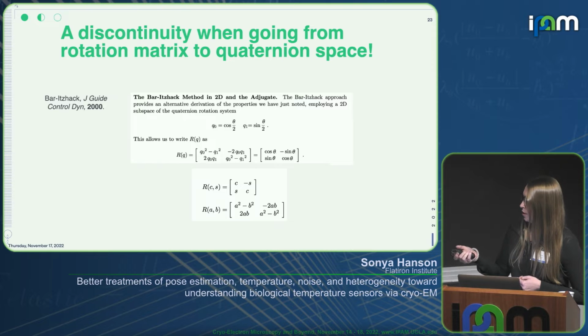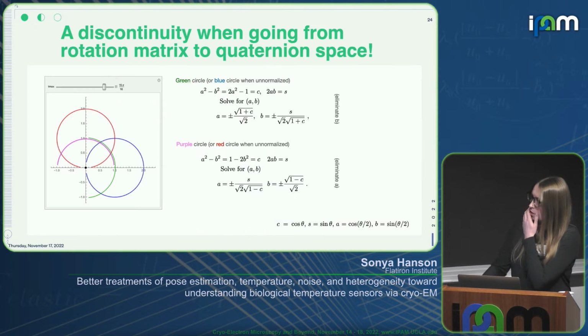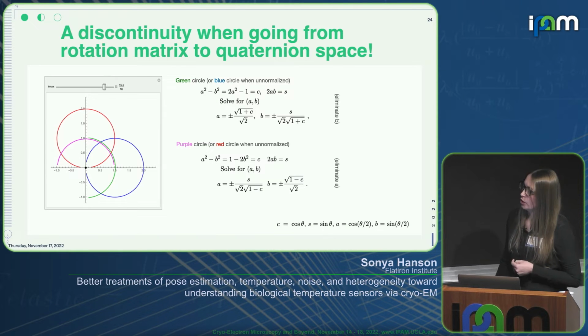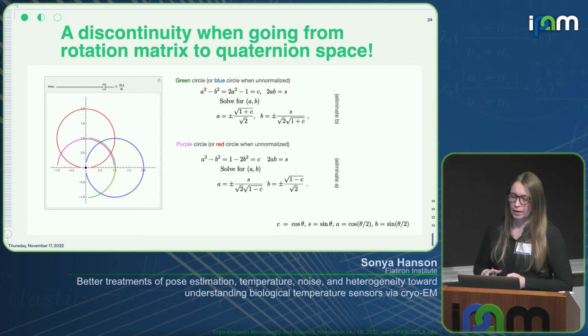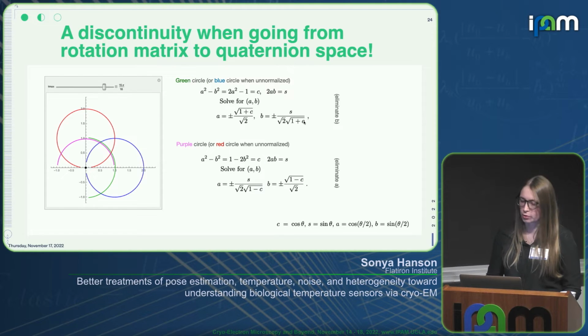And in the next slide, I will use the simplified version of these same equations. If we set these two versions of the rotation matrix equal to each other, we find that there's actually a discontinuity. At some point you end up dividing by 1 plus, or the square root of 1 plus, cosine theta.